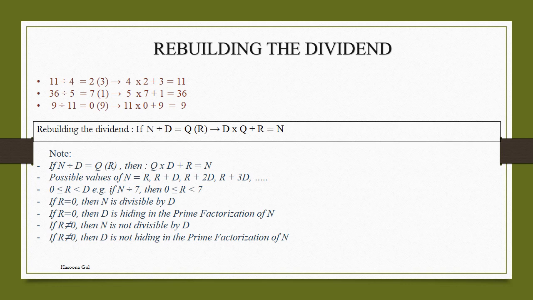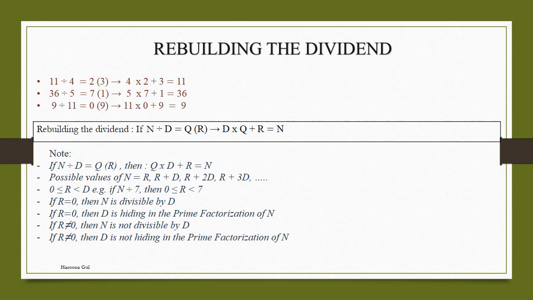For example, if n is divided by 7, then the remainder is going to be equal to 0 or less than 7. Now if r is equal to 0, then the dividend, that is n, is divisible by d. If r is equal to 0, then d is hiding in the prime factorization of n.